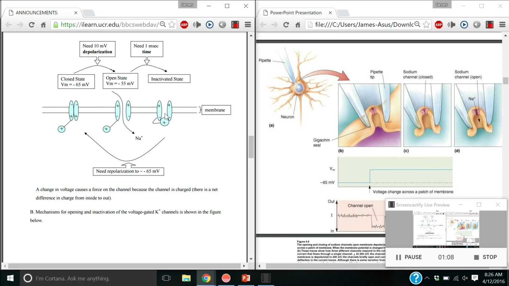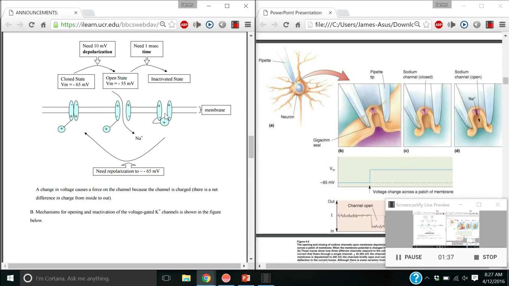During the falling phase, that causes the absolute refractory period because there's no depolarization that's going to cause this channel to be able to conduct sodium through it. So this is the mechanism for the absolute refractory period, the factor that limits the rate of action potential production of a neuron to 1,000 action potentials per second or less.